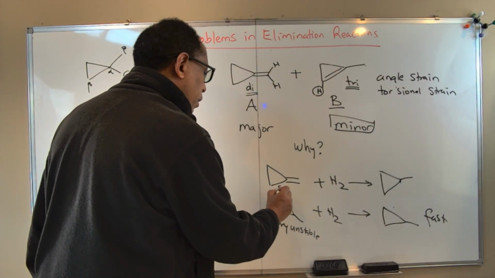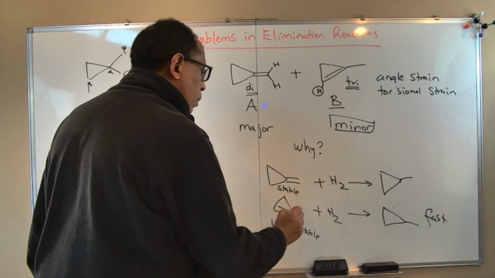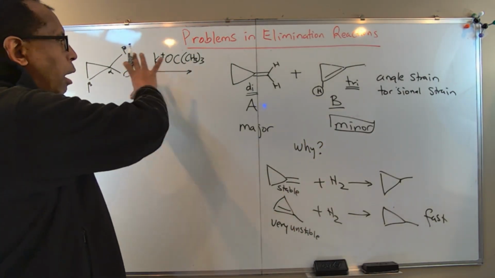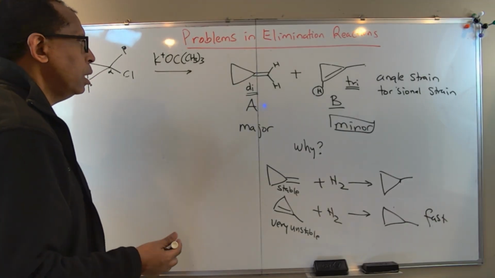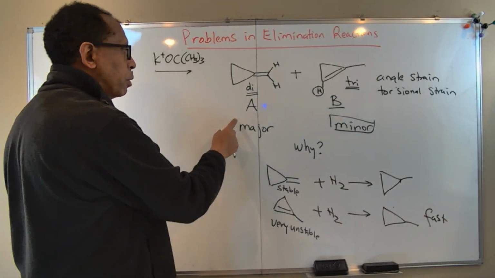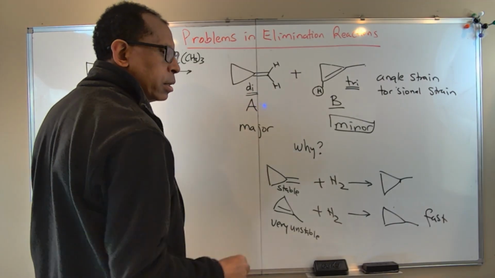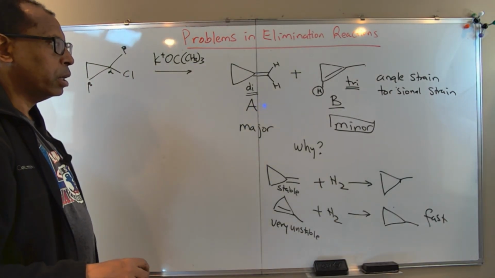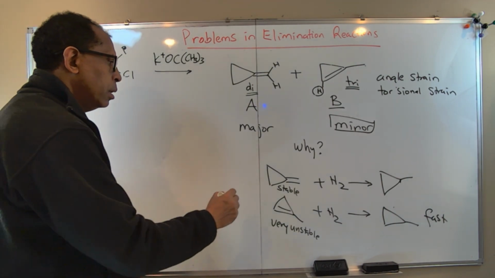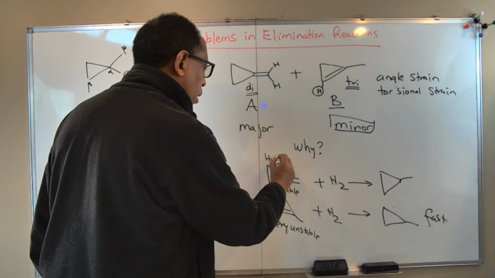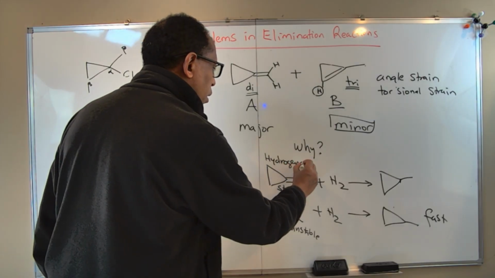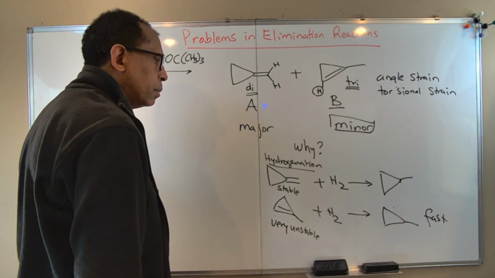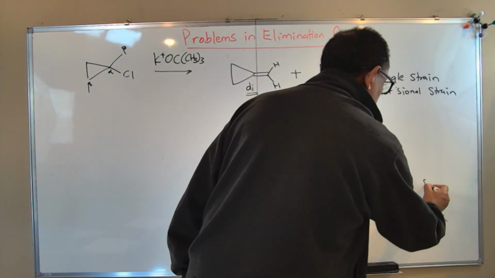The top one is relatively stable. So in the elimination reaction, you would create the major product, this one, because the other one is much less stable because of angle strain and torsional strain. This is a hydrogenation reaction to saturate the double bond. Fast, this is slow.